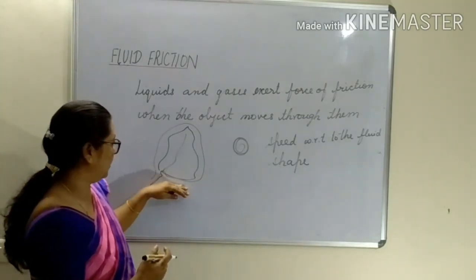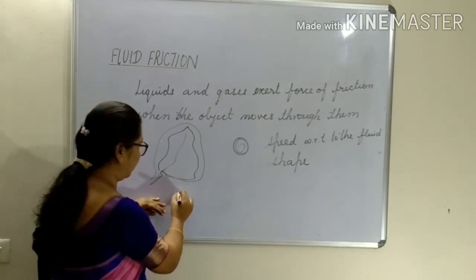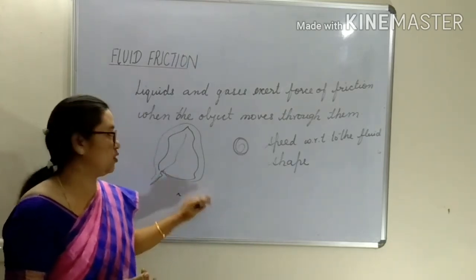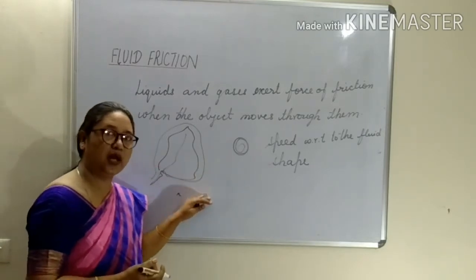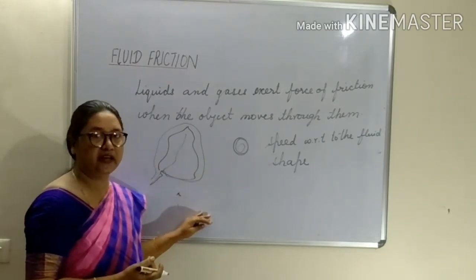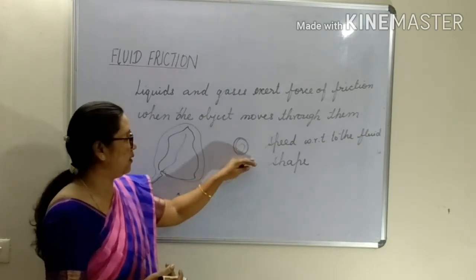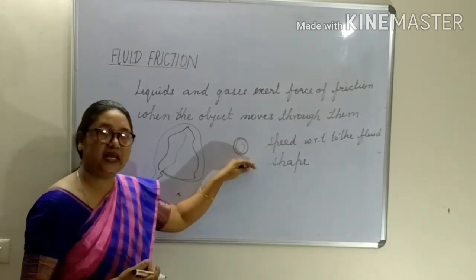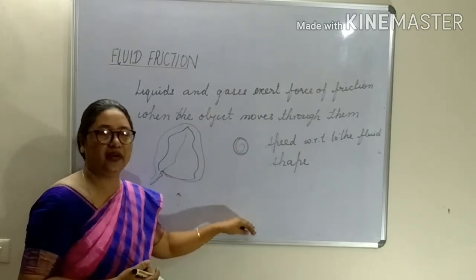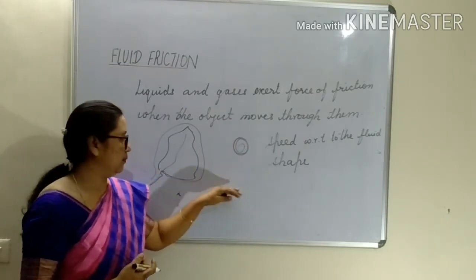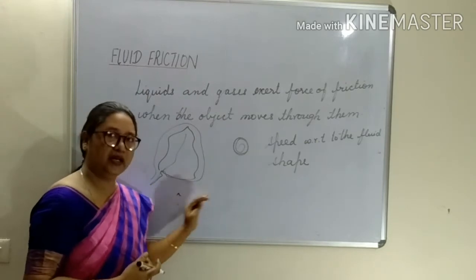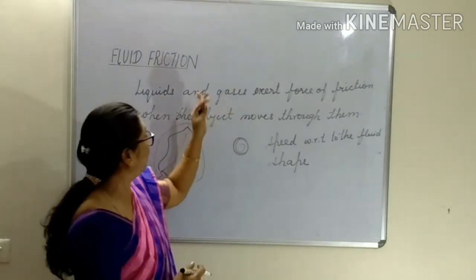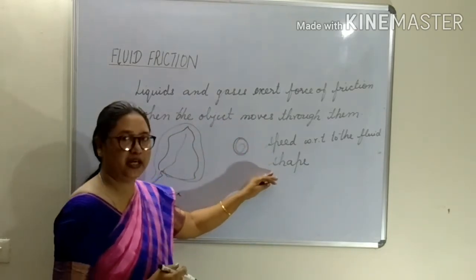Because this leaf will experience more air resistance, more fluid friction, which will slow down the movement of the leaf to reach the ground. And because the fruit will experience less air resistance, less fluid friction, it will reach the ground before the leaf. So we can say that fluid friction depends on speed and shape.